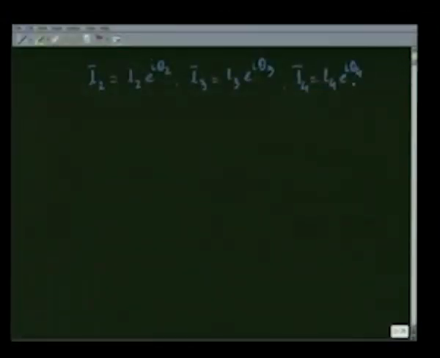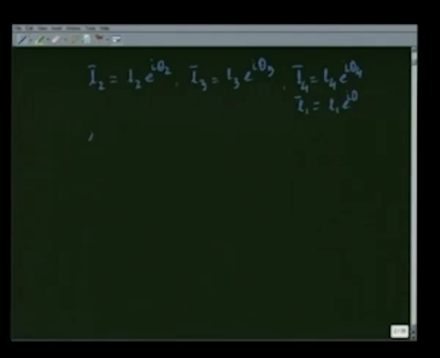Since theta 1 is 0, the vector L1 is simply link length L1 into e to the power i0, which is 1. So, in the loop closure equation, let us substitute these complex exponential notations.